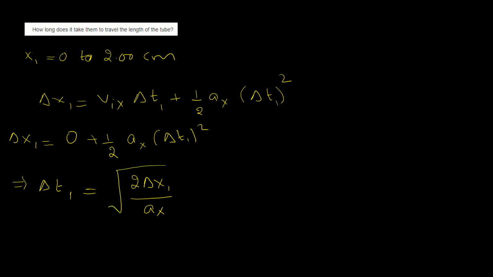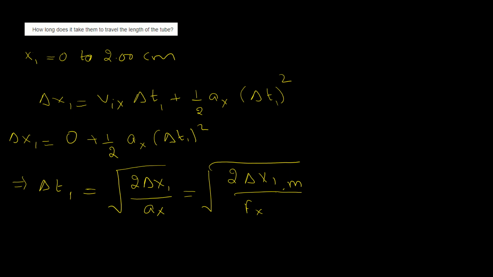Again we replace a_x using Newton's second law, F_x over m. So this is our delta t1 when the distance is from 0 to 2 centimeter.